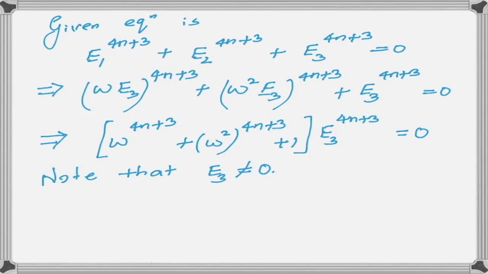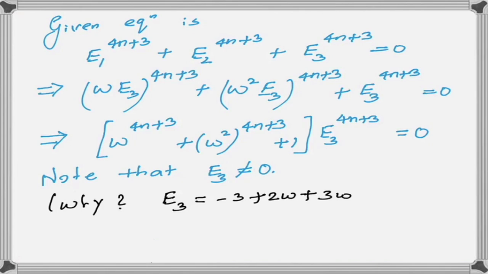Why? Because E3 is equal to what? E3 is equal to minus 3 plus 2 omega plus 3 omega square, which is equal to what? Since we know omega square plus omega plus 1 equals 0, writing omega square in terms of omega and 1, we get that omega square is equal to minus omega minus 1.